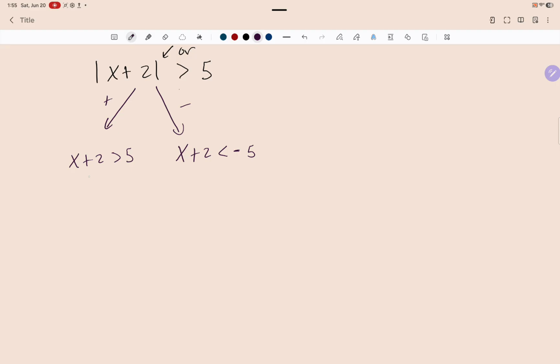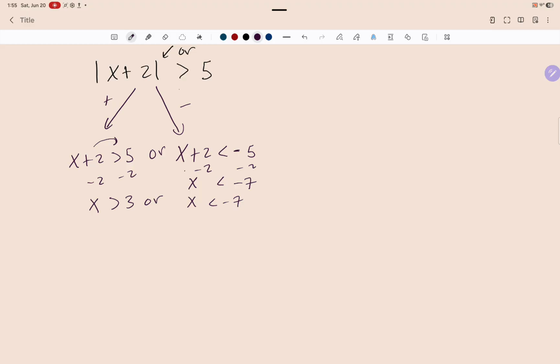Solving these individually, for the first one I'm going to subtract 2 on both sides, so I get x is greater than 3, or, and for this one I'm going to subtract 2 on both sides, so I get x is less than -7.